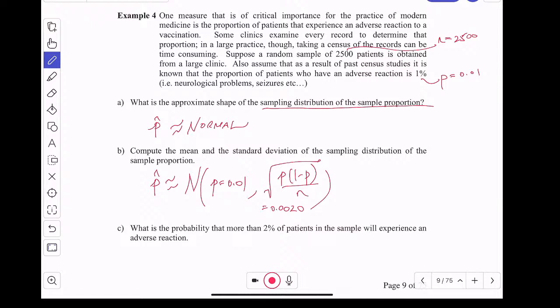So don't forget, this would be 0.01 times 0.99 divided by 2500, square root.